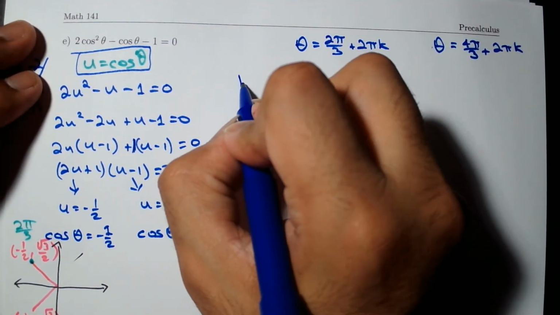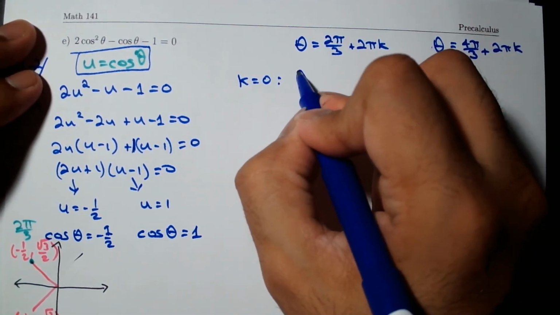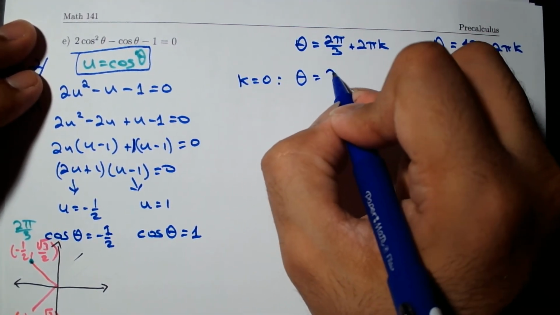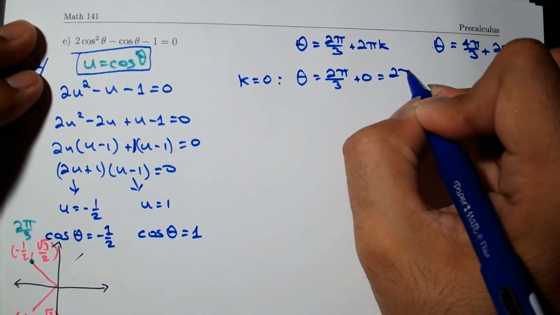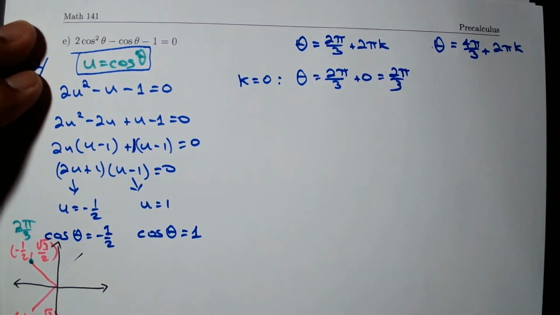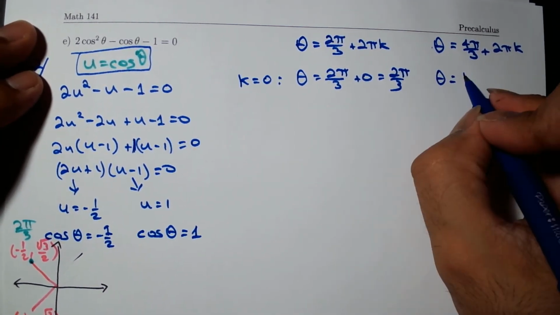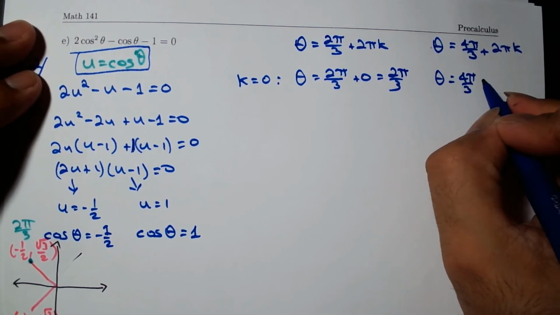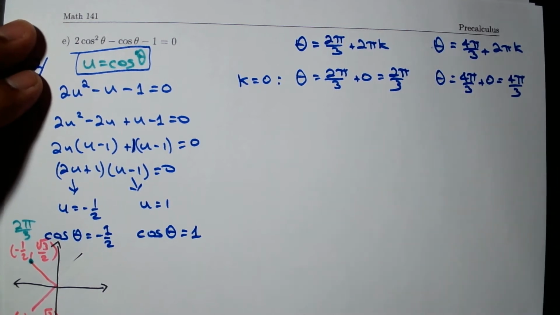So let me go about k equals 0. For k equals 0, we're just going to get theta equals 2 pi over 3 plus 0. That's simply 2 pi over 3. And then for the second solution, 4 pi over 3 plus 0 equals 4 pi over 3.